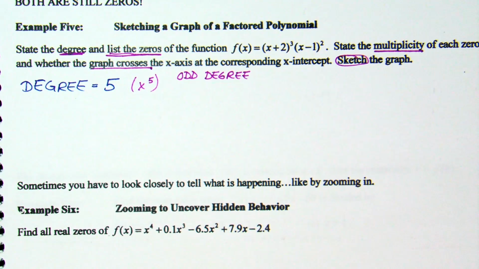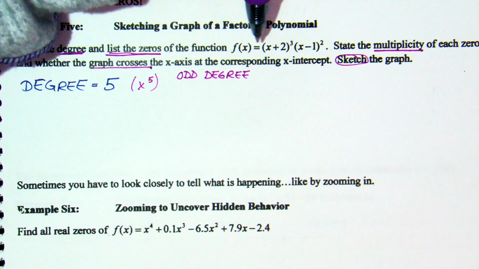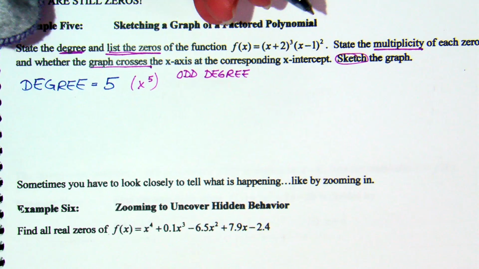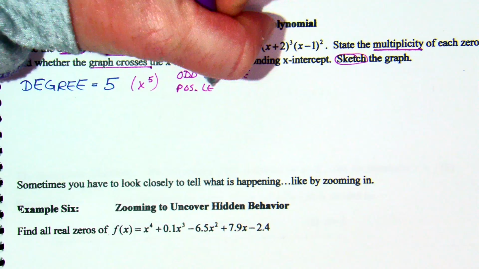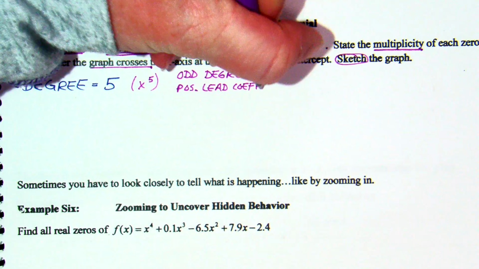What does it mean if it's an odd degree, and is this going to have a positive or negative lead coefficient? Positive x's times positive x's is going to make it a positive lead coefficient. What does that say of those choices? What kind of end behavior?